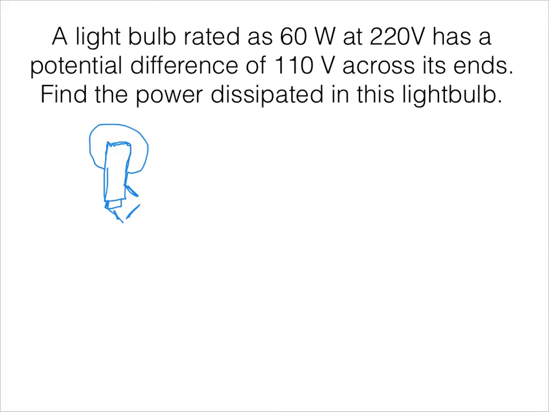So if I have 220 volts here, then the power out will be 60 watts. Now, what it's saying is I don't have 220 volts, I have 110 volts. So how much power is going to come out? Well, the first thing we have to recognize is that the volts is changing, so the power is going to have to change.